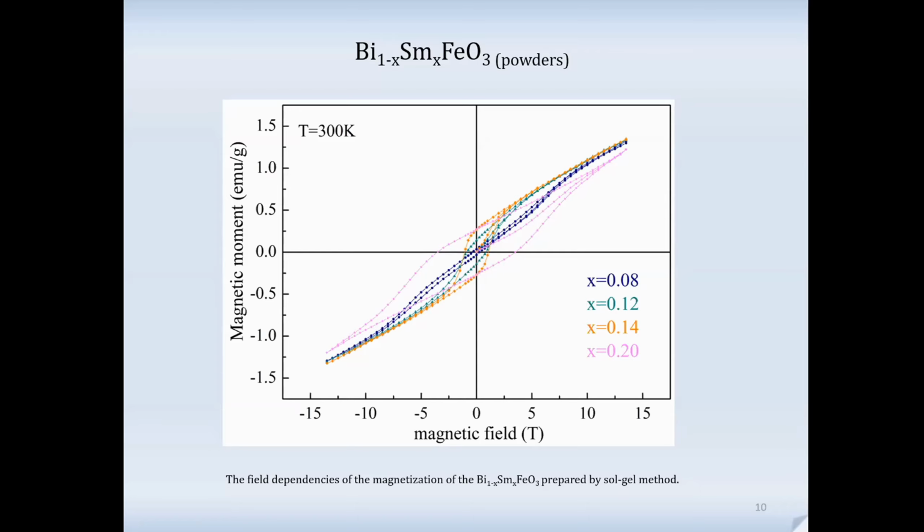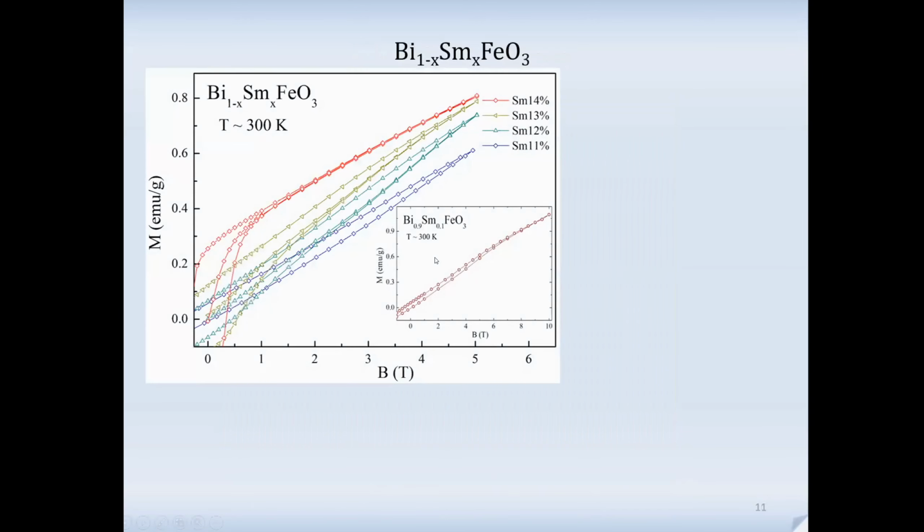For samarium compounds prepared by sol-gel, it's not so trivial, it's not so distinct an evolution. These are isothermal curves for rhombohedral, 8% single phase rhombohedral, then it goes to antipolar at 14%, then to nonpolar with quite big coercivity. Let's put them on one slide.